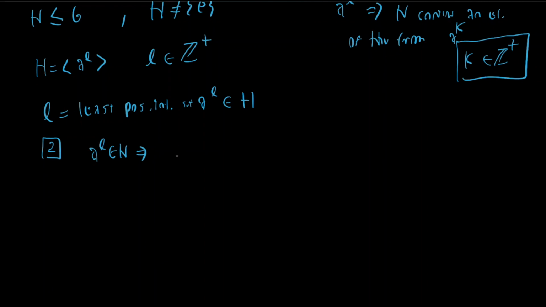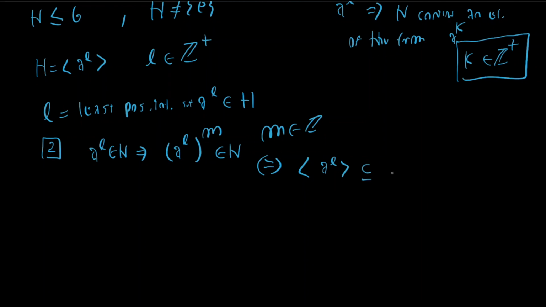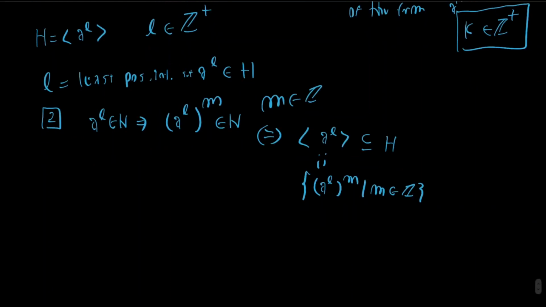And so, in general, (a to the L) to the m, where m is an integer, is in H. But this is the same thing as saying that the cyclic subgroup generated by a to the L is a subset of H, because by the definition of cyclic subgroup generated by a to the L, this is precisely (a to the L) to the m, where m is an integer. And so we have established the first inclusion.